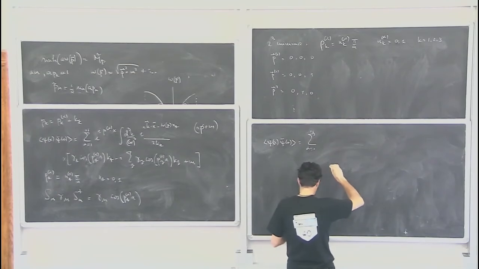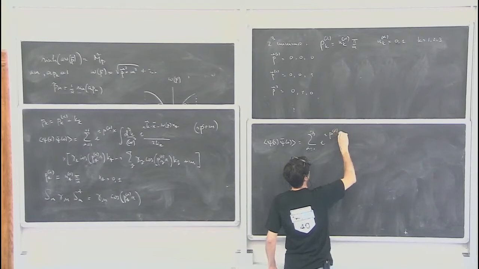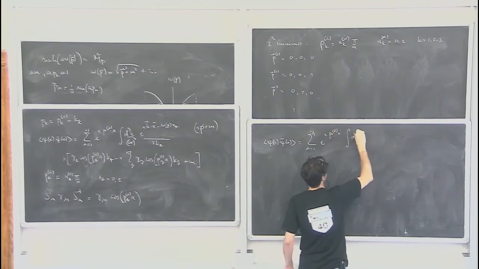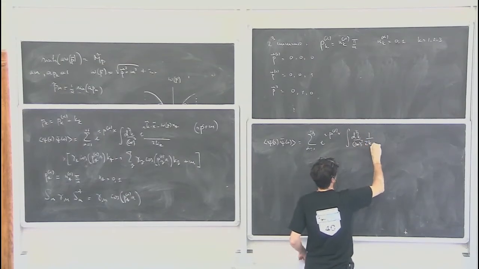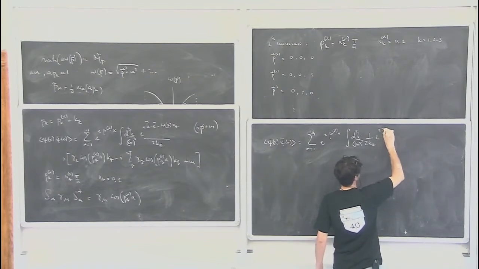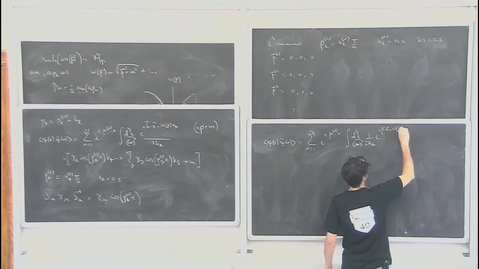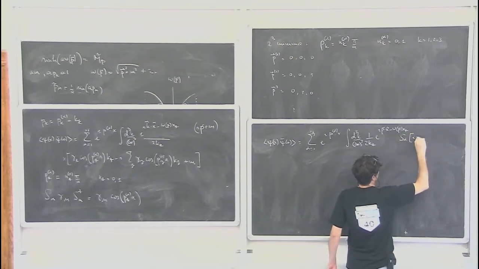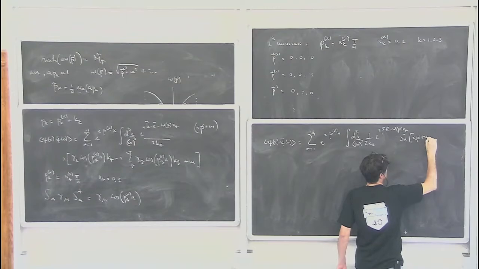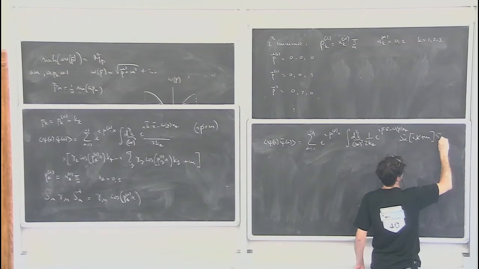We've got this factor here, p alpha dot x, and then we have an integral in d3k over 2 pi cubed, 1 over 2 k4, and then s alpha e to the ipx minus omega p x4, and then s alpha, k slash plus m, s alpha dagger.